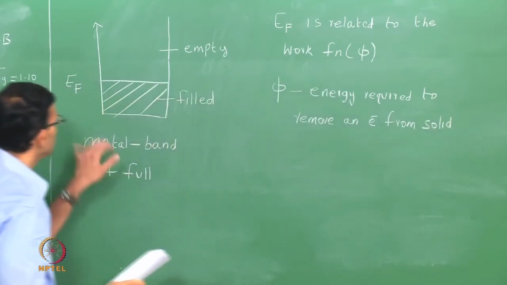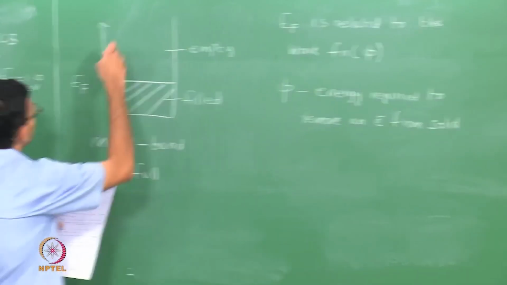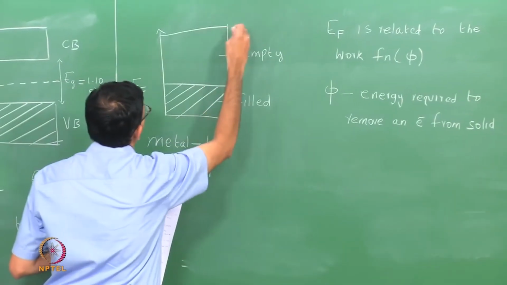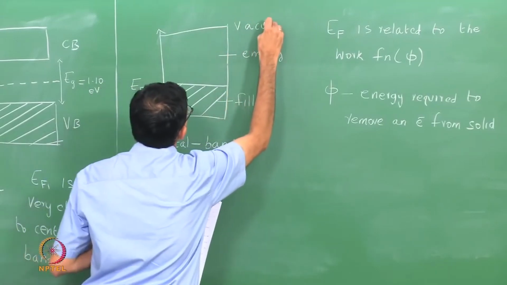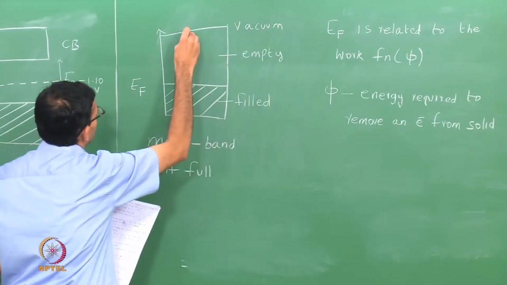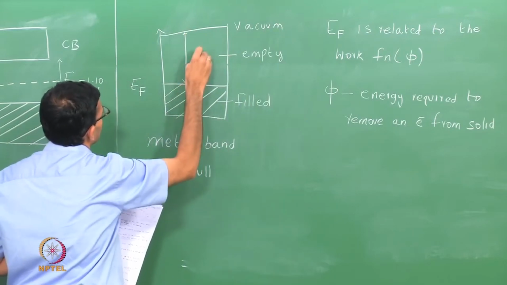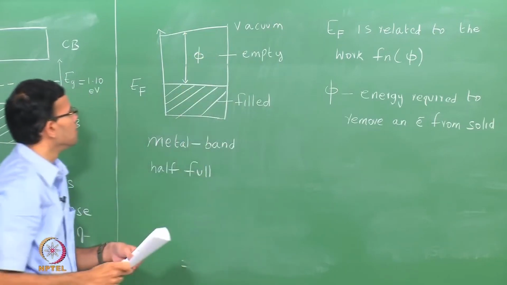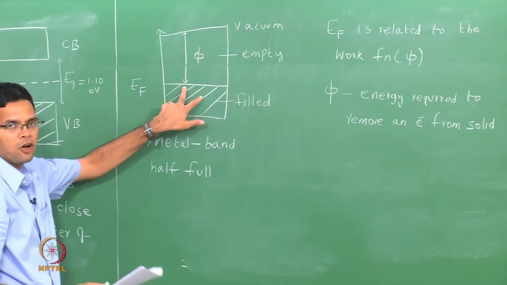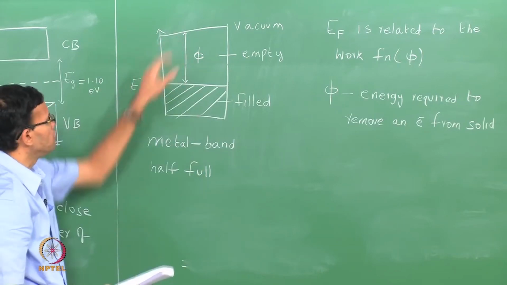So, if you go back to this band picture and we take the top of the band to be vacuum level, then psi represents the energy to remove an electron from Fermi level up to the vacuum level.